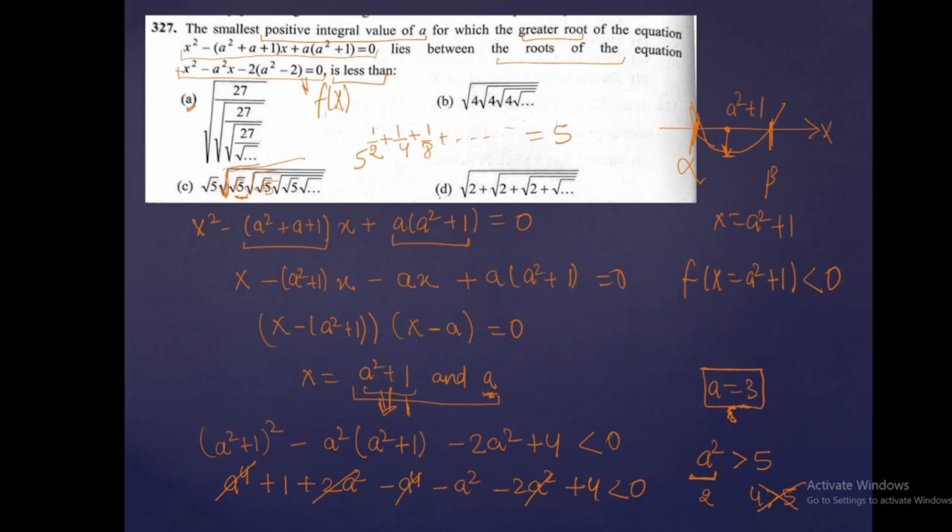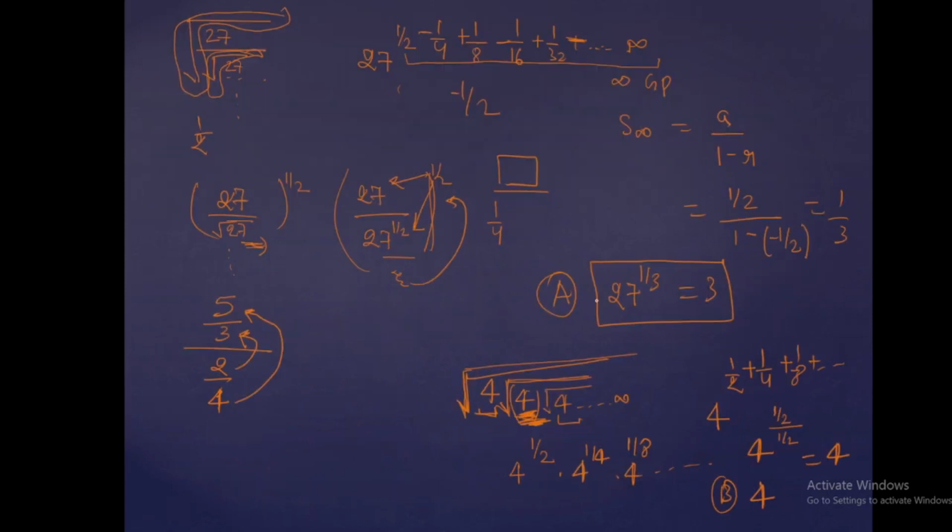And now for option number D, let's see. It says root under 2 plus this. Okay. And say, so over here, let's say this number to be n. Let me do it on the next slide. So we have this, and it is going to infinity.